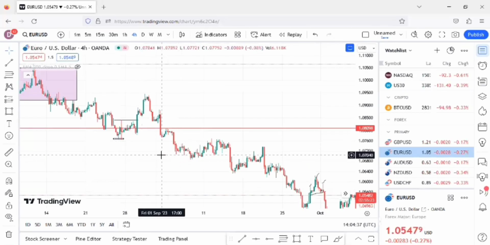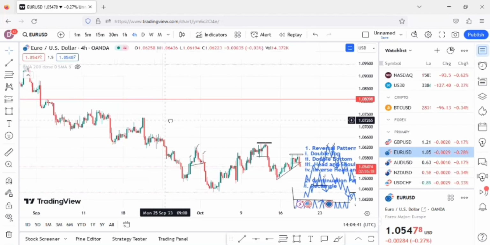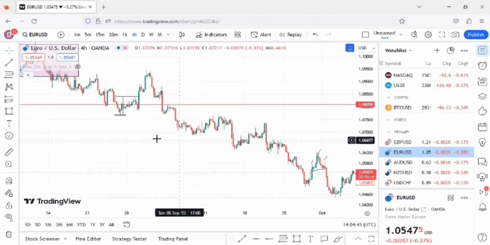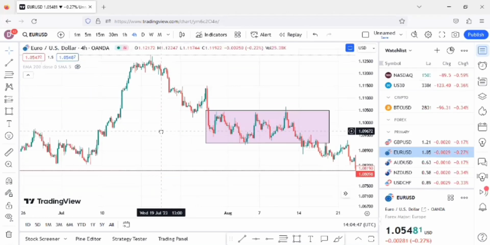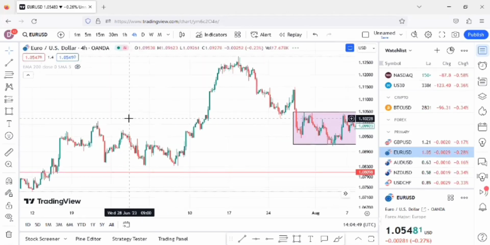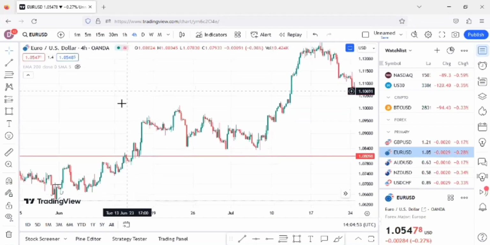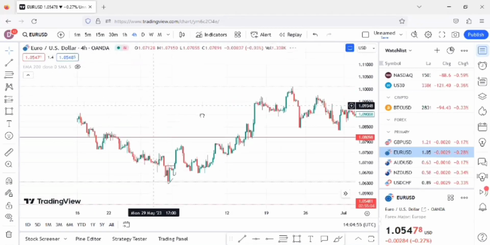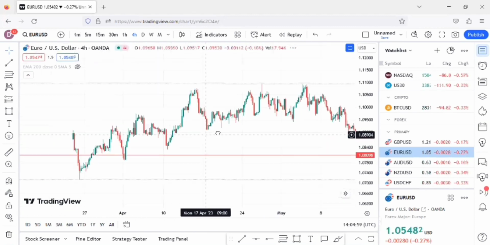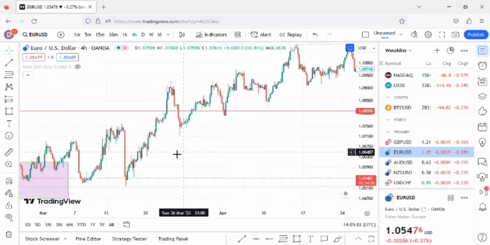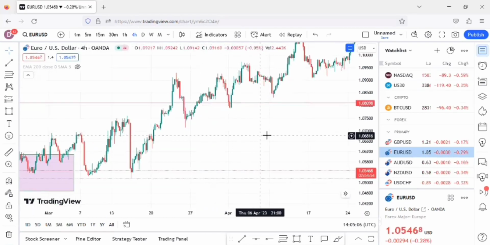All you need to do is practice very well, for you to be able to spot those patterns. They are there everywhere on the chart to give you information on what you need to do. So when you see them, you're able to spot them and you know how to trade them. They are going to take your trading to the next level.